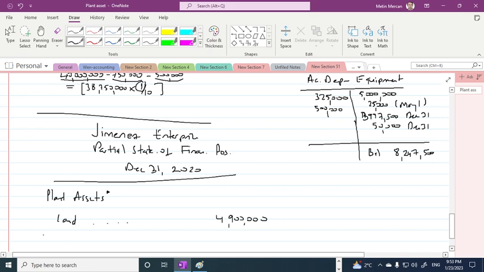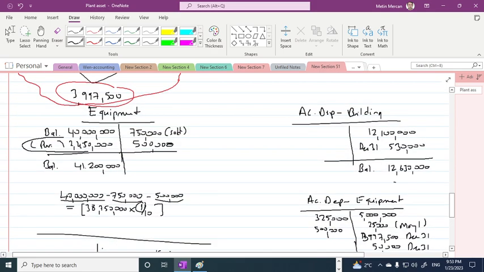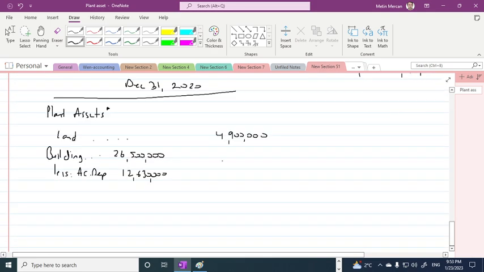And building we have $26,500,000, but less accumulated depreciation of $12,630,000, which we got here. So then the building net will be $13,870,000.